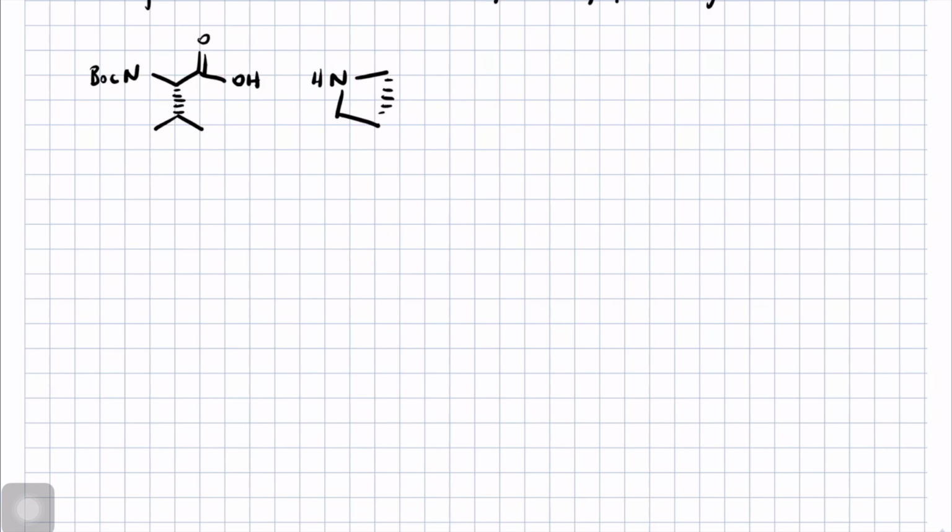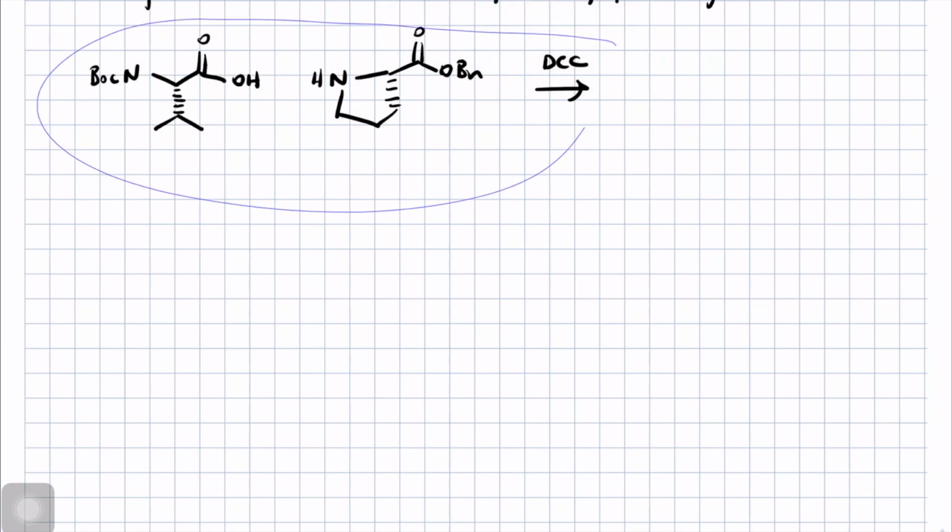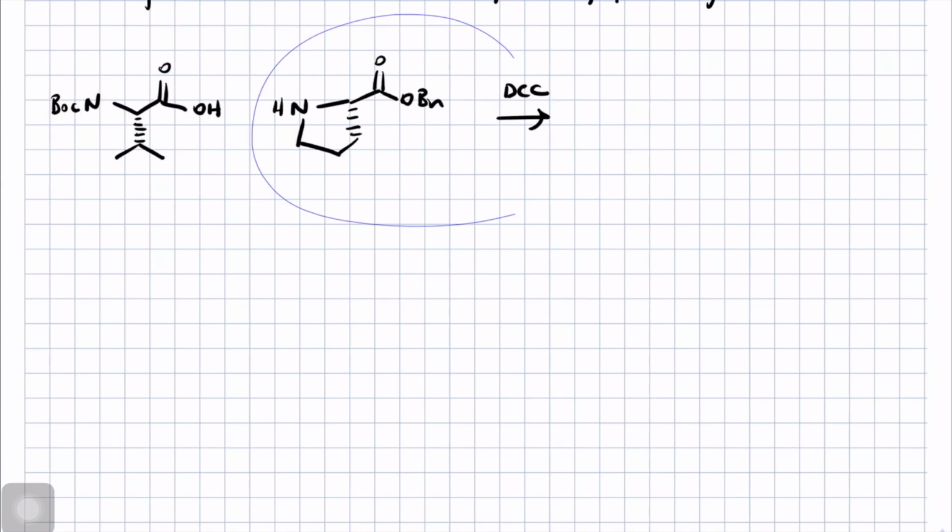One, two, three, no, sorry, got the size of the ring wrong. One, two, three, four, all right. And suppose you did this coupling reaction using DCC. Let's see, I need to move this over to make myself a little bit more space.